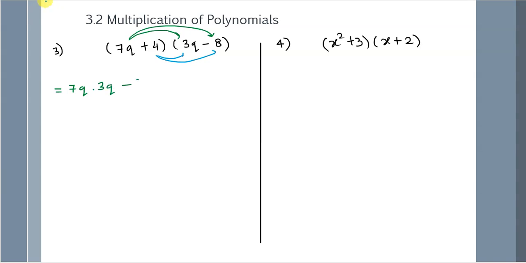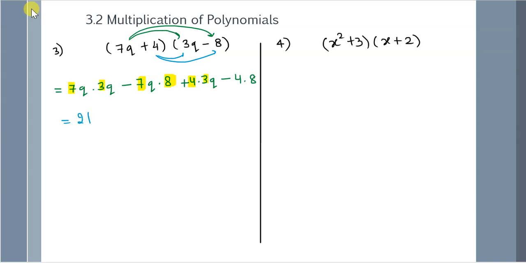Then plus minus is minus, 7 cube multiplied by 8. 4 multiplied by 3 cube. And again, since it's a minus 4 and minus, we will write minus 4 multiplied by 8. Multiplying the numbers together, here also and here also. What you will get?